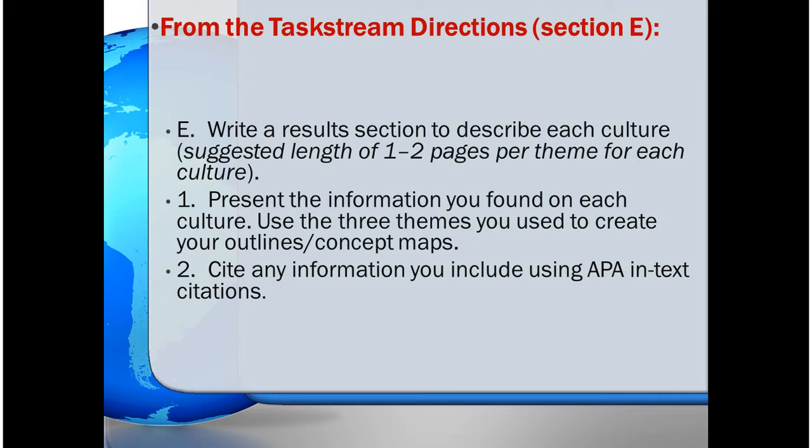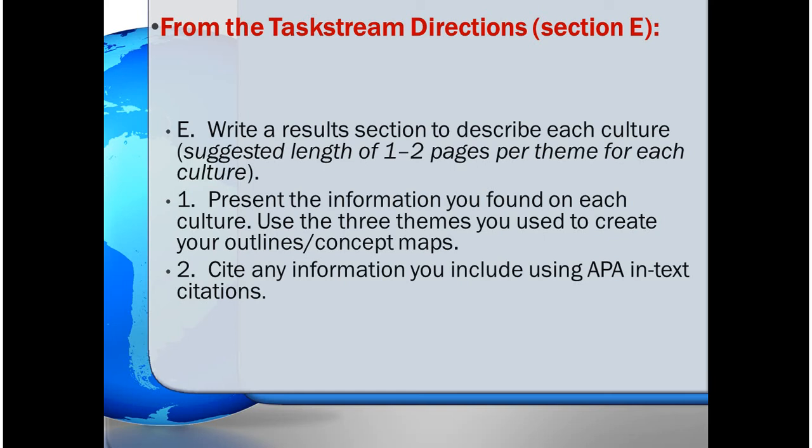If you remember, we developed concept maps or outlines based on the 3 themes common to both cultures and the areas of interest we were going to talk about. Those are the things we looked at in the research. So now it's time to speak to those things in this paper. We're going to present the information you found in narrative form.